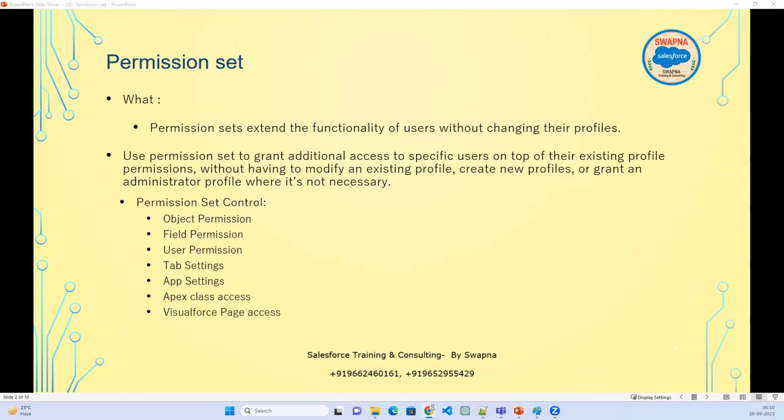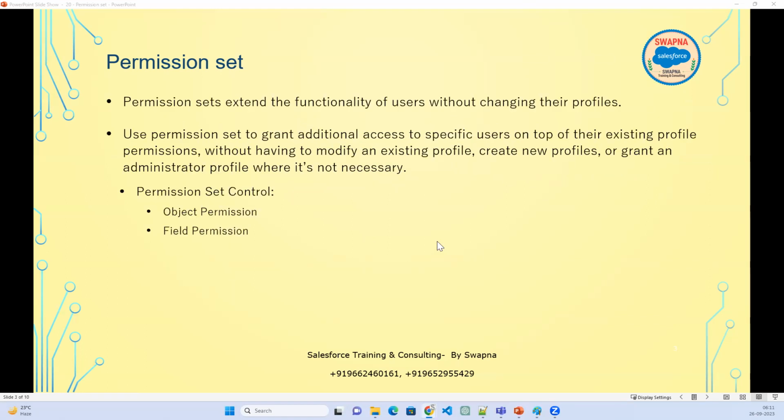These are almost similar to what we have at the profile level. The only thing is that at the profile level we have session settings, login IP addresses and login hours. Those things, like your password policies, will not be available in the permission set.